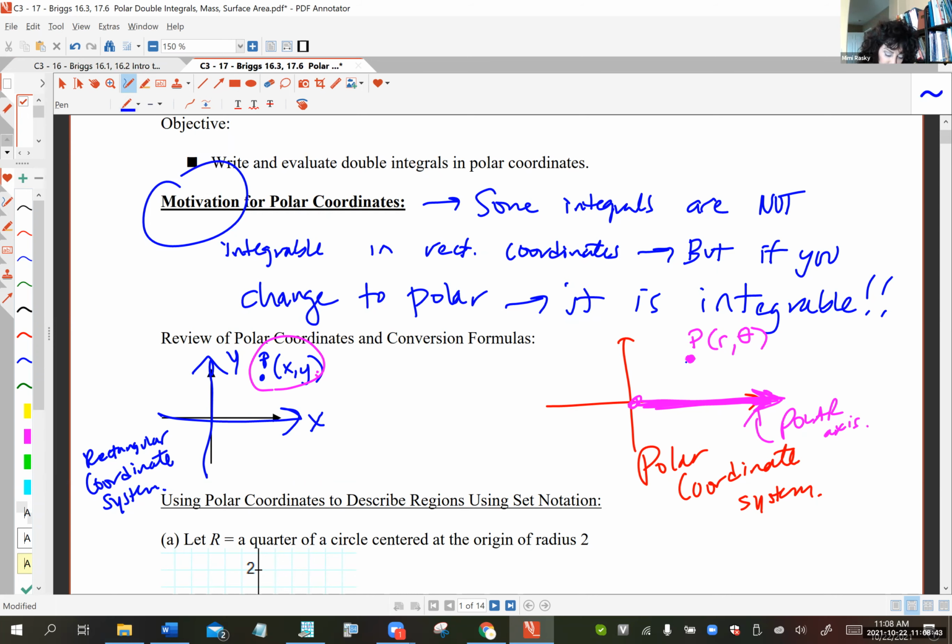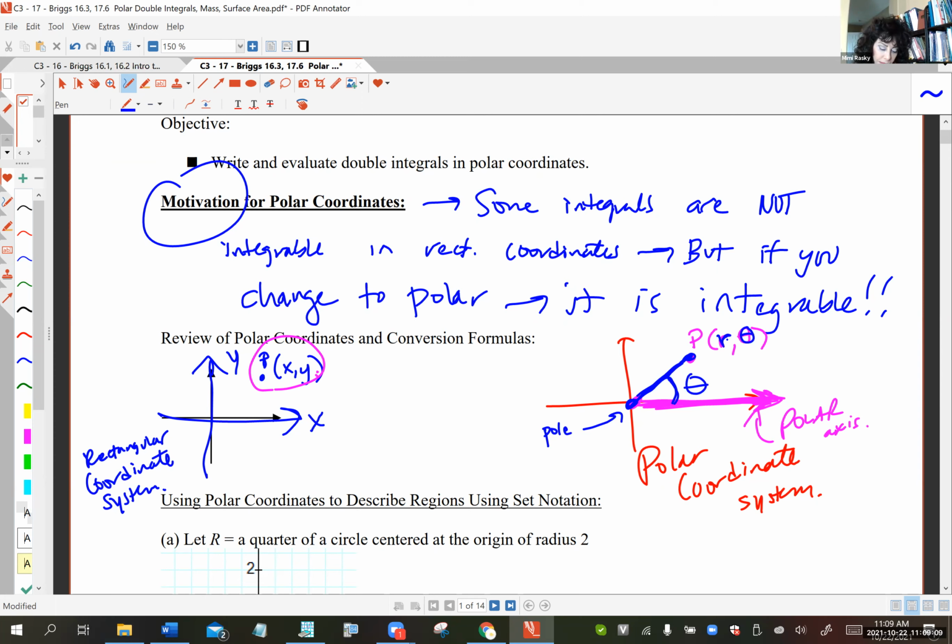Well, if you draw a line segment connecting that point P to the origin, and by the way, there's no such thing as the origin in the polar world. It's called the pole, kind of like the North Pole. The angle that line segment makes with the polar axis is the angle that they're talking about here.